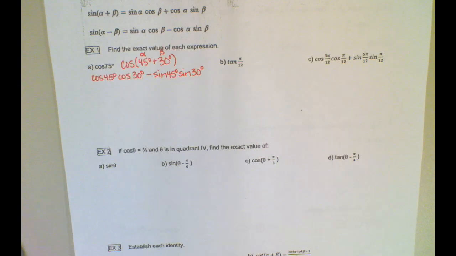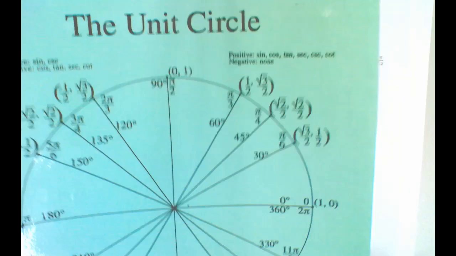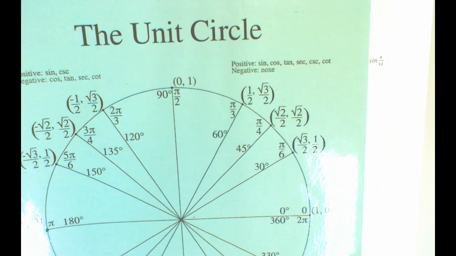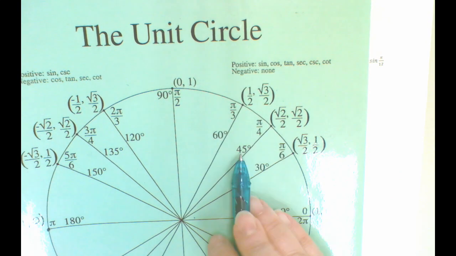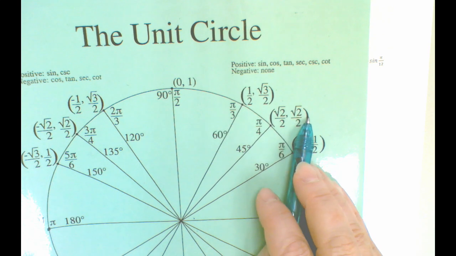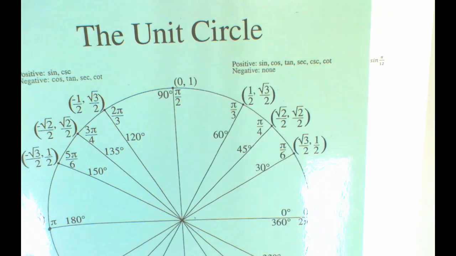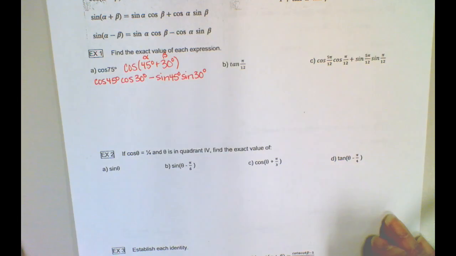Now everything is in terms of unit circle values. These I really should have memorized, but of course you can always look at your unit circle if you need them. Remember that your cosine values are the x values. I've got my 45s here, and cosine and sine of 30 are here. So now I'm just substituting in those values.